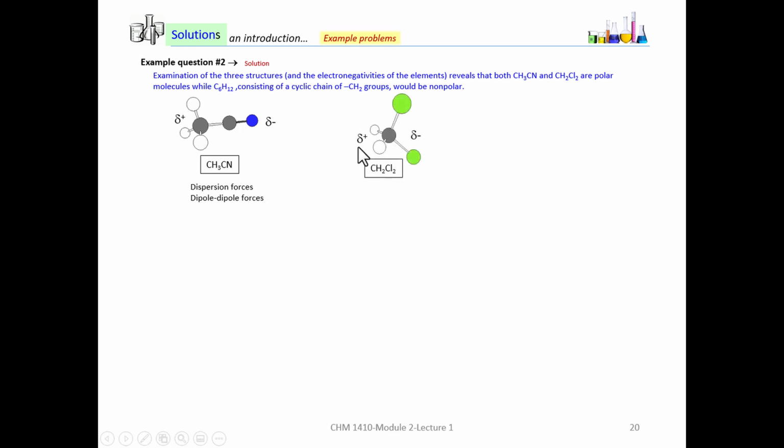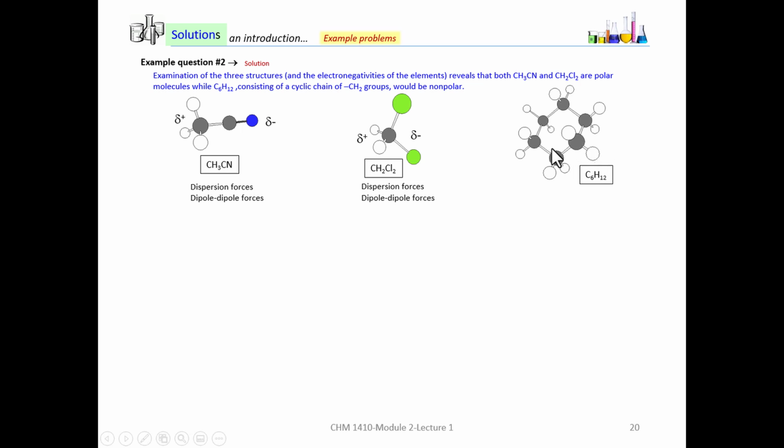Now likewise, dichloromethane, because of its 3D shape and the placement of the 2 fairly electronegative chlorine atoms at one end of the molecule, also makes this a polar molecule. So it would have dispersion forces and dipole-dipole forces operating.